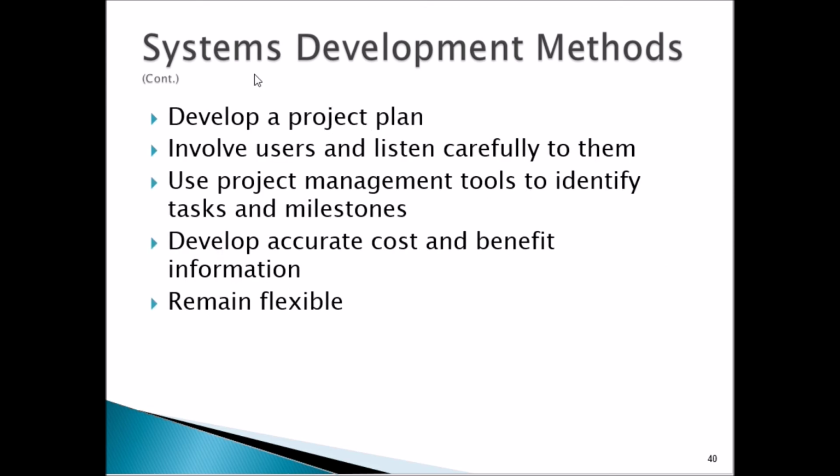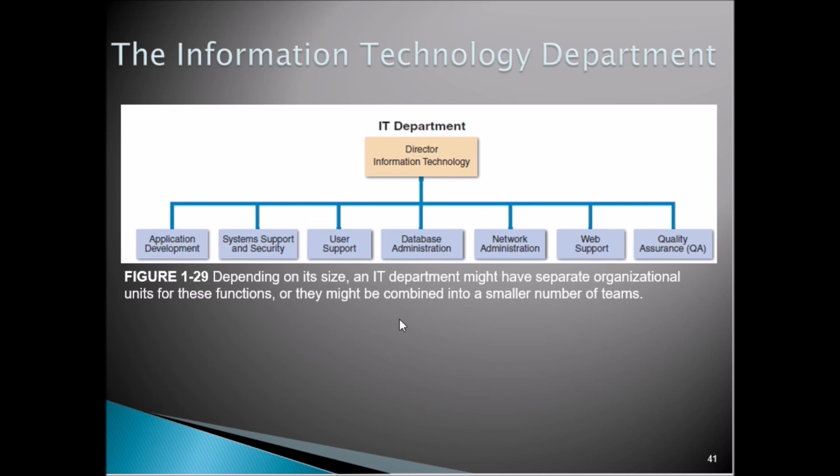The systems development methods also continue on with developing a project: involve users and listen carefully to them, use project management tools and identify tasks and milestones, develop accurate cost and benefit information, and remain flexible.